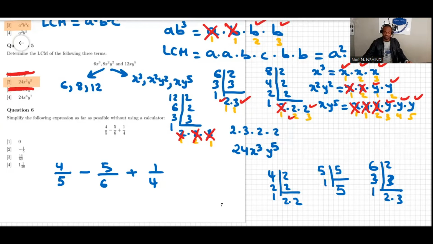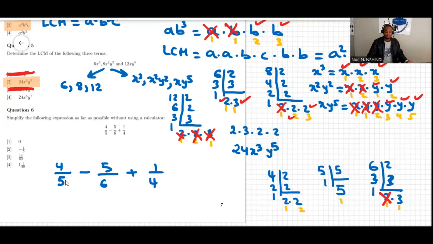Now, if I label this the first 2, that's the second 2, that's the only 5, the first 2, the first 3, then I will cancel those that repeat. I cancel this out. And then the LCM will be 2 times 2 is 4, 4 times 5 is 20, 20 times 3 is 60.